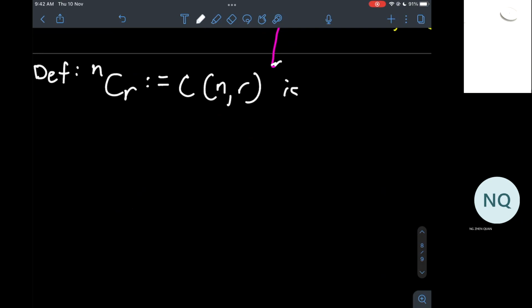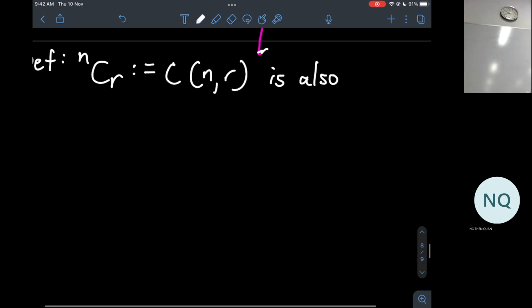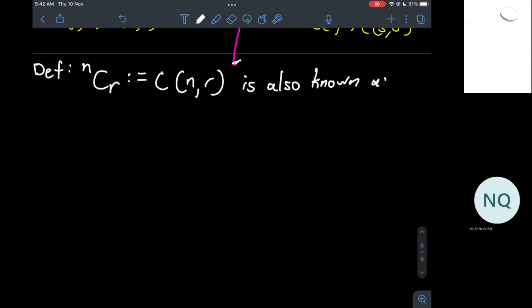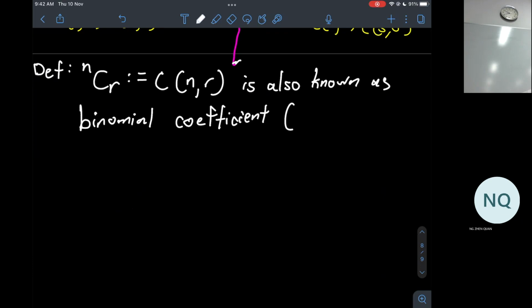It's also known as the binomial coefficient, n choose r. So what's the binomial coefficient?